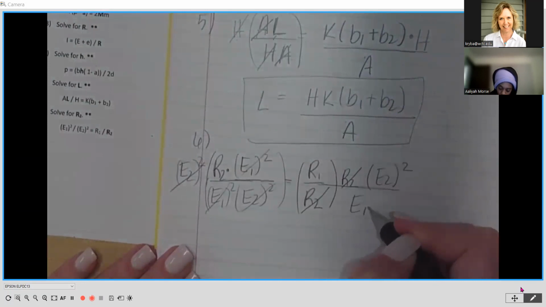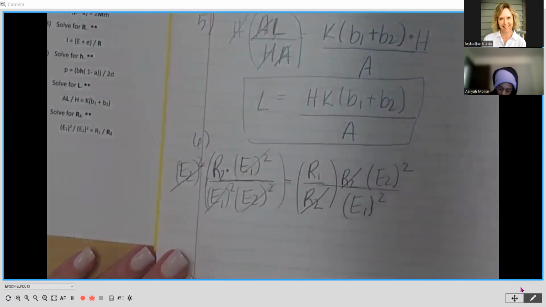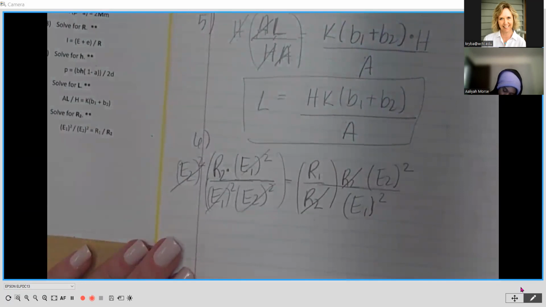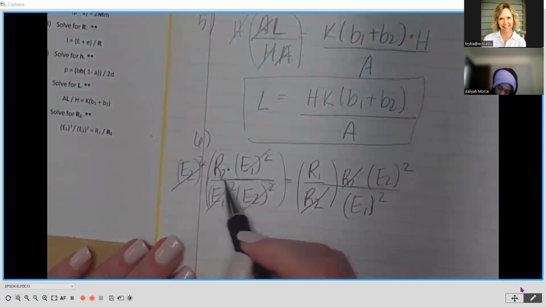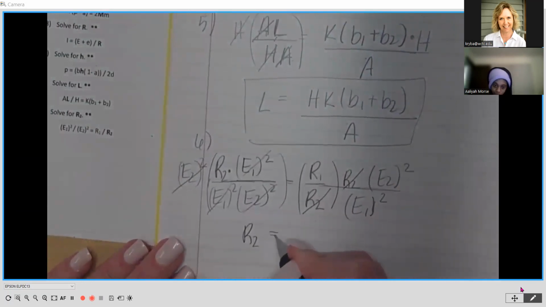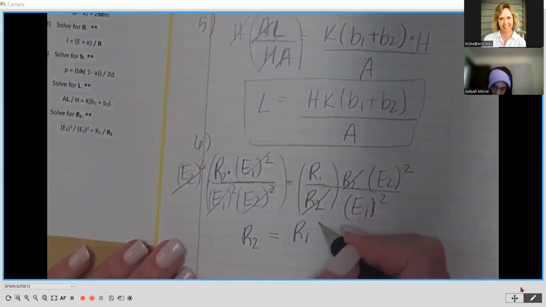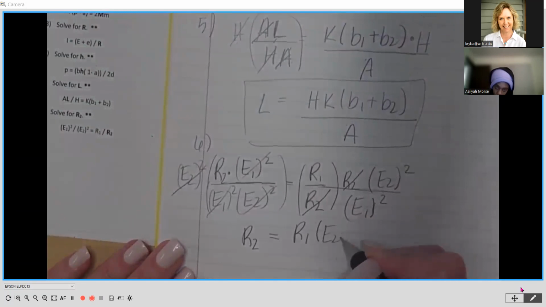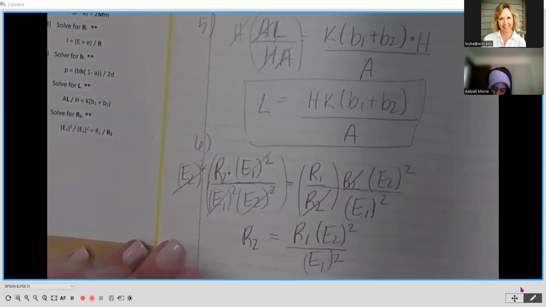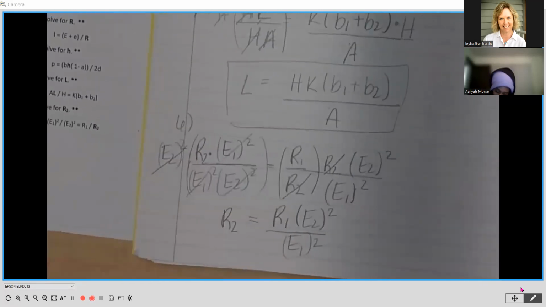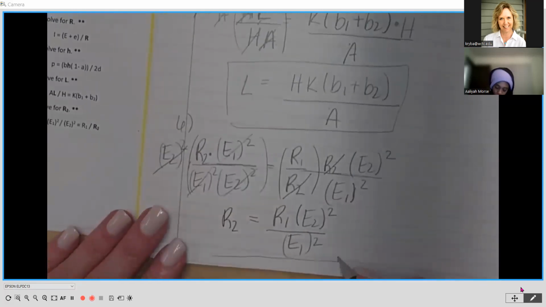And then I'm going to divide E1 squared over here. So now I've got to look at what I don't have crossed out. So on the left-hand side, I'll have R2 by itself is equal to R1 times E2 squared divided by E1 squared. And then that would be my final answer.